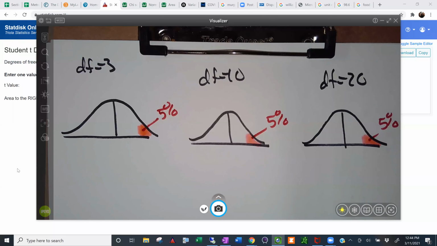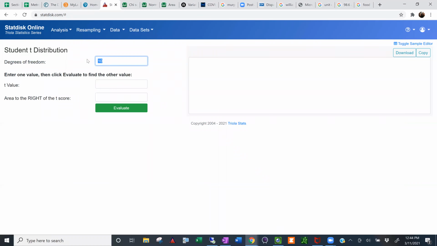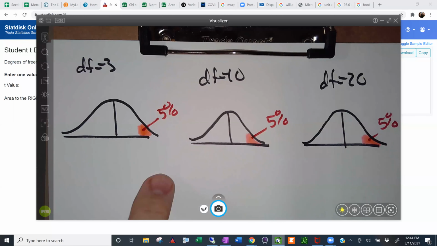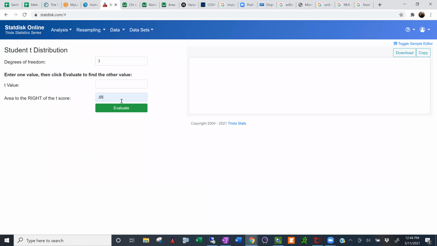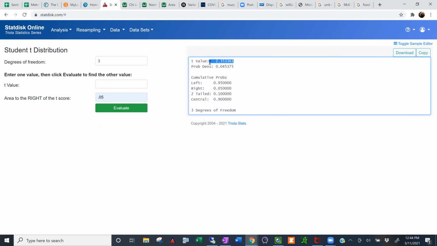We'll start with 3 degrees of freedom. And then I want 5% of the area to be in the right tail, so the setup is really going to give me the answer right here. 5% of the area in the right tail is going to happen when the t value is 2.353.